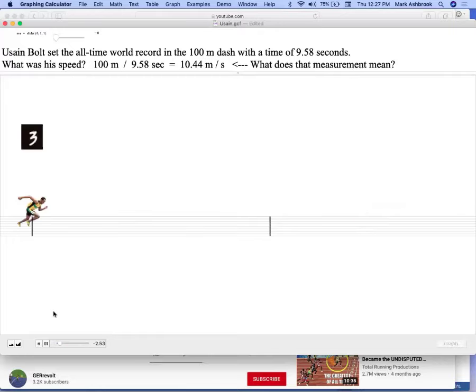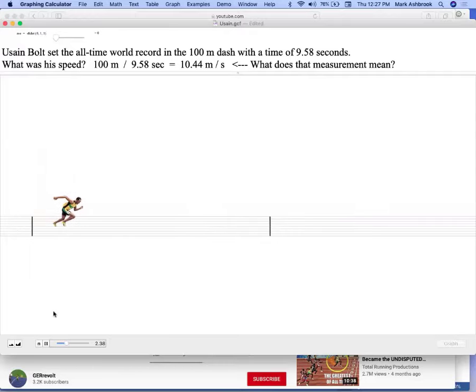Okay, so every second that goes by, he travels about 10.44 meters. Agree with that? Is that true for the first second? Probably not, right? Okay, that's a good idea, but we want to try to think of some other ways to explain this number, 10.44 meters per second.